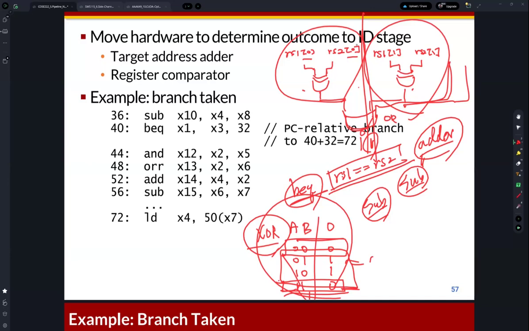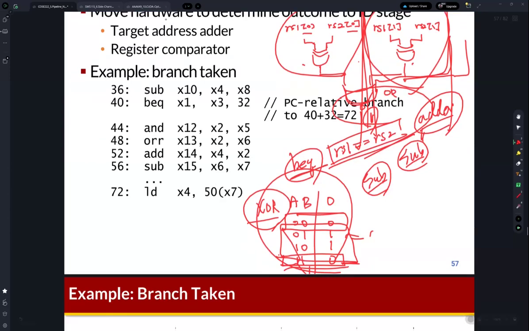In parallel means that at the same time, the equality check can be performed for each bit and then ORed, which means the delay of the equality check is very low compared to the subtractor. Okay, that's what I want to say.